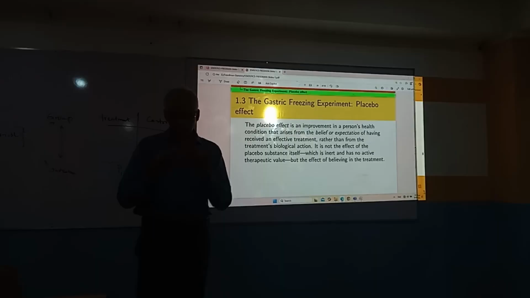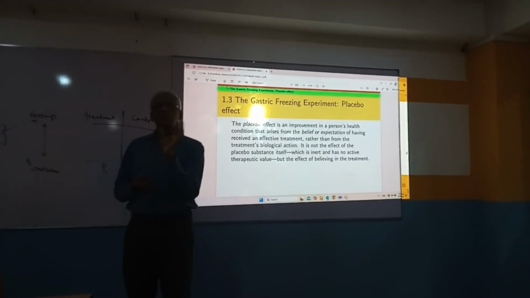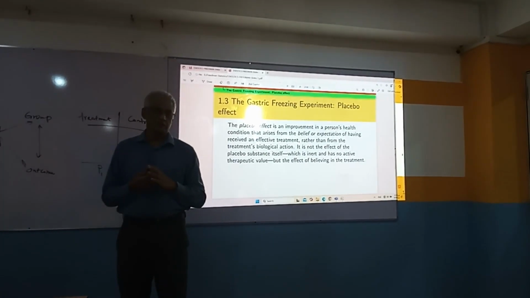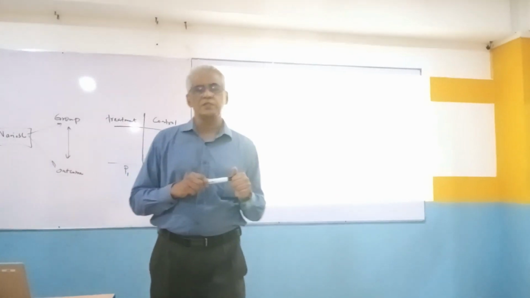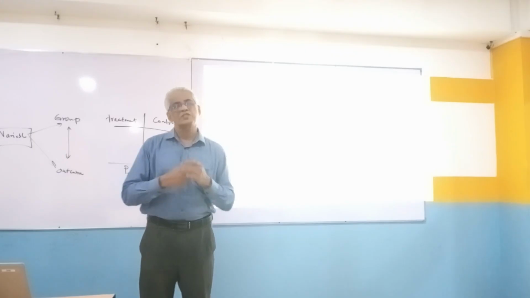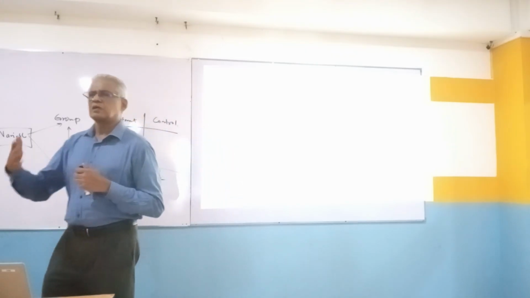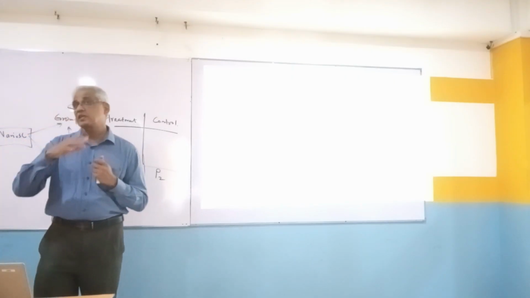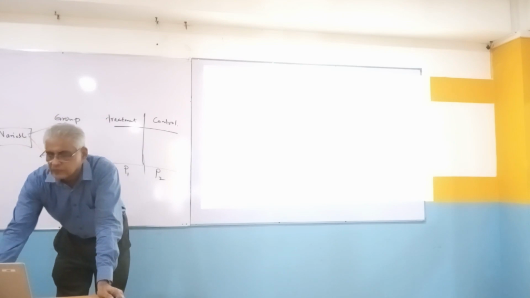Just because of the belief that he got a treatment, sometimes there can be some improvement in his health condition. Right? So if such an improvement is possible, that effect is called the placebo effect. So it's just a psychological effect, not the real physiological effect. It's a psychological effect. Right?